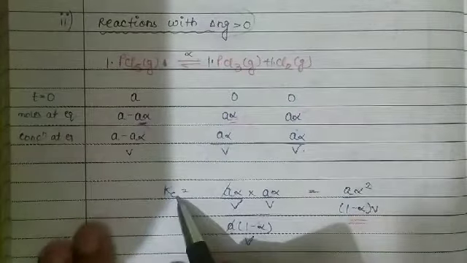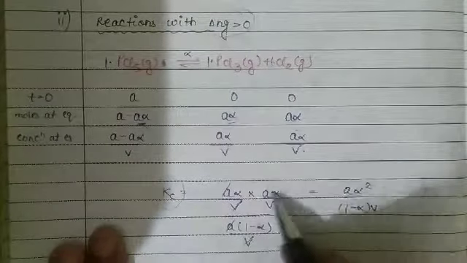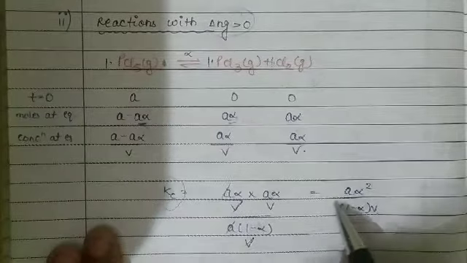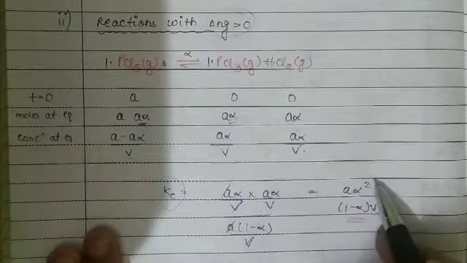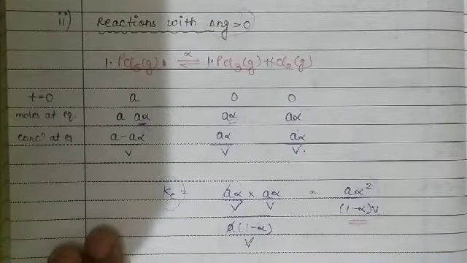On solving, we get the value of Kc, which is A alpha squared upon (1 minus alpha) into V. So we have solved Kc in terms of alpha and initial concentration. Further questions we will discuss in the next class.